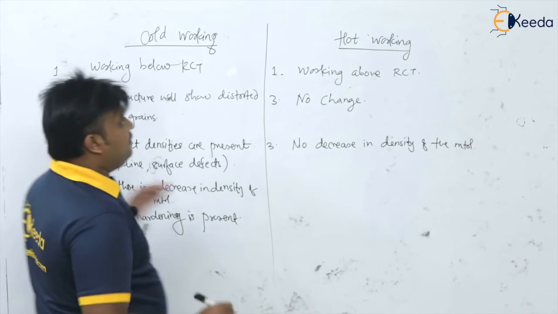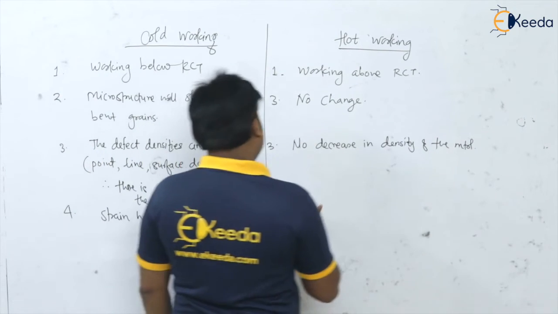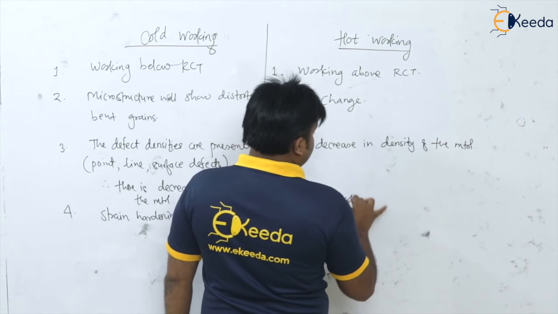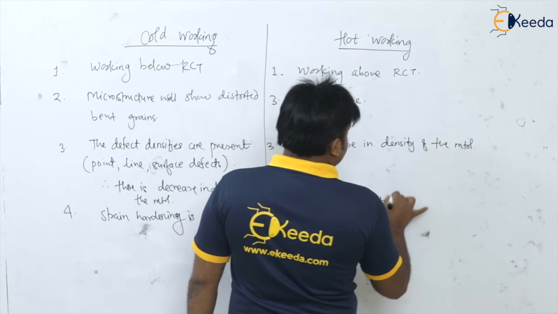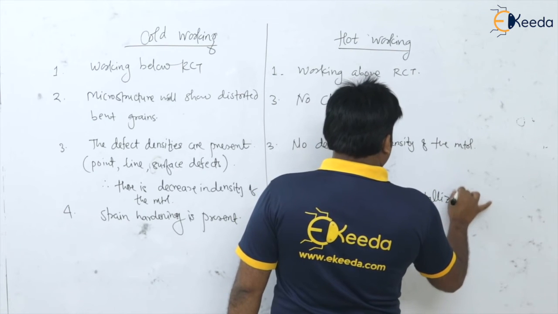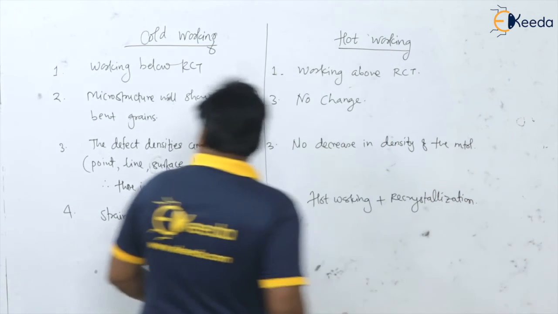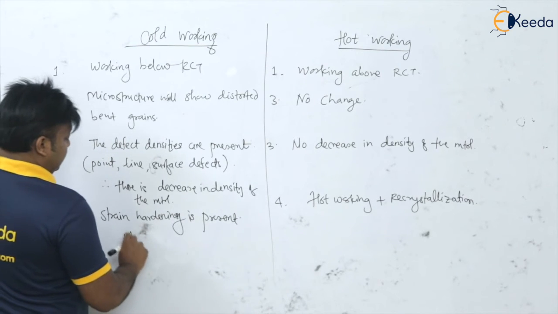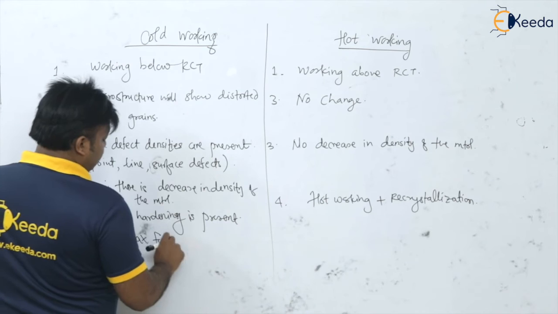and if you want to define in simple words, what is in hot working? That is hot working plus recrystallization. Because strain hardening is there, we need to supply the maximum force or load or stress.